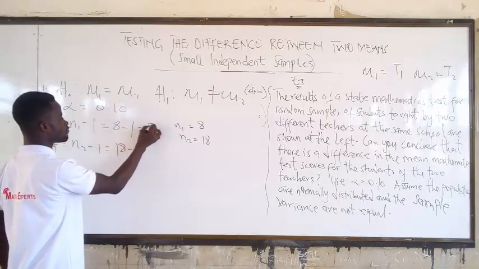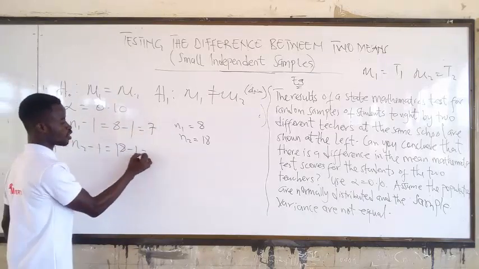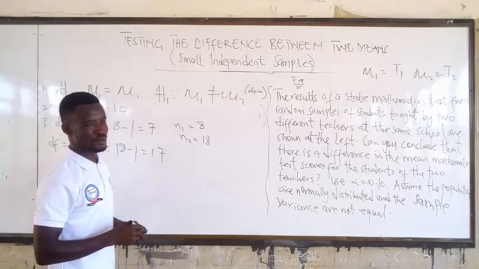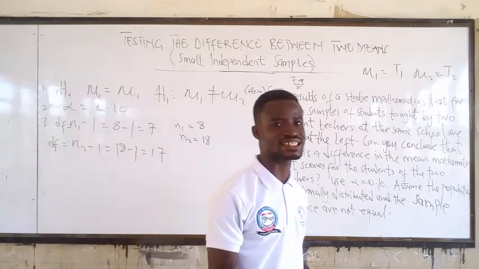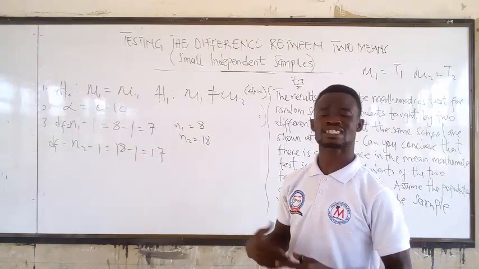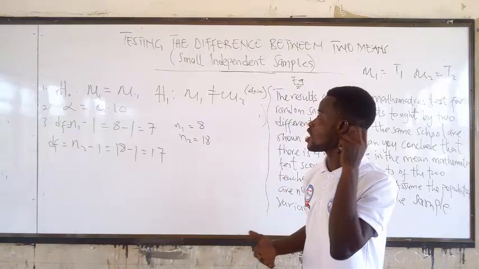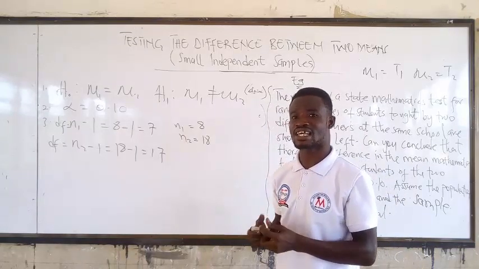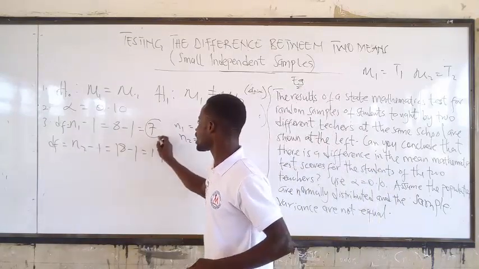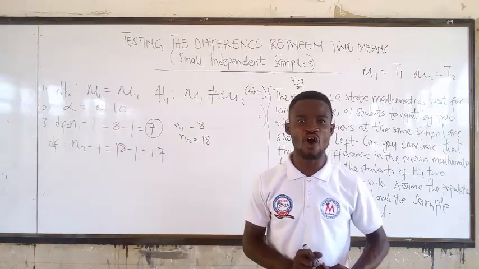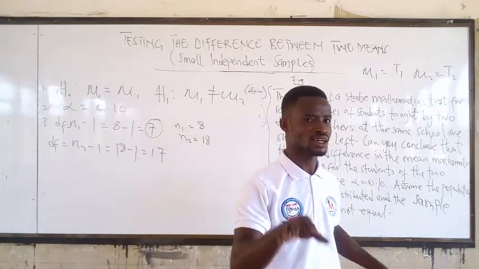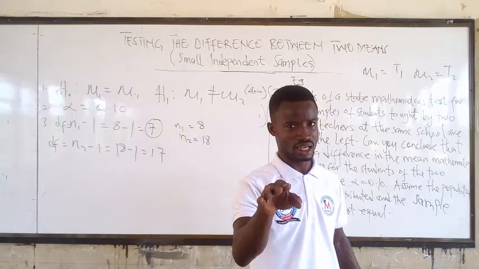So this will give 7, and this will give what? 17. But we know that the sample size is less than what? 30. That means that simply we are dealing with what? Small sample size. So if you are dealing with small sample size, that means that you will pick the small degree of what? Freedom.